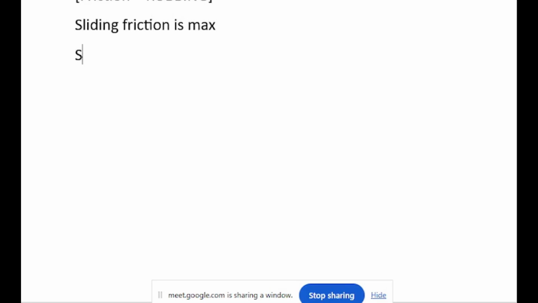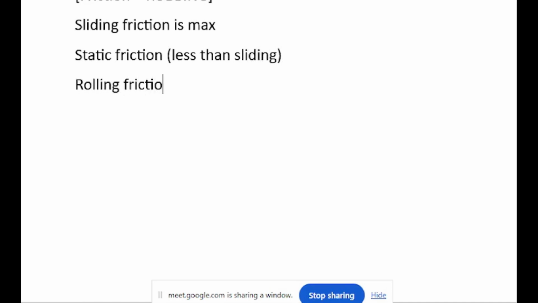Then you have static friction, slightly less, which is less than sliding, and last is rolling friction, minimum, very less. Maximum is sliding friction, a little less is static friction, and the smallest is rolling friction. Rolling friction is very small.